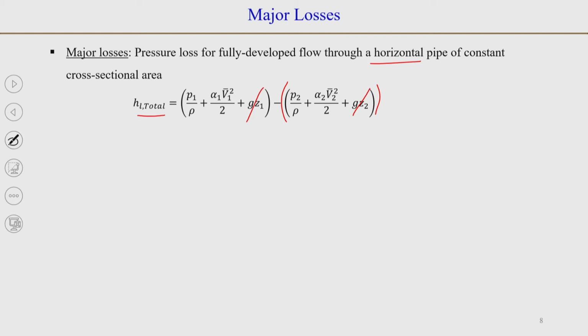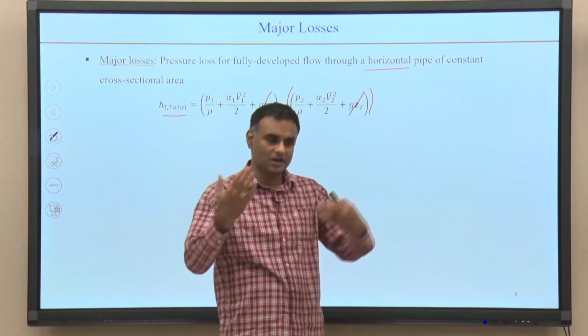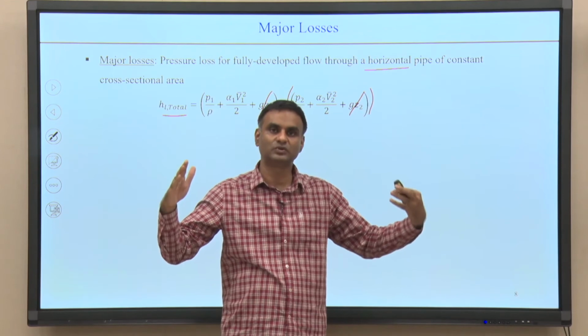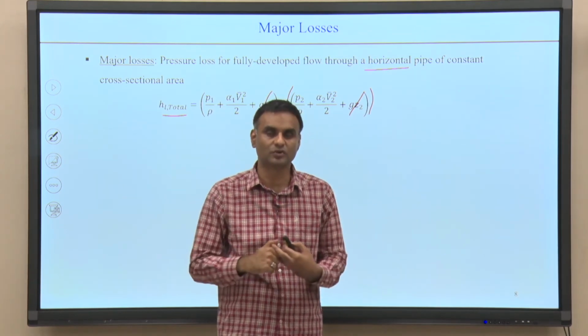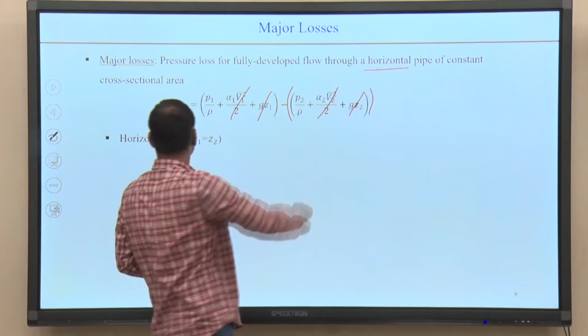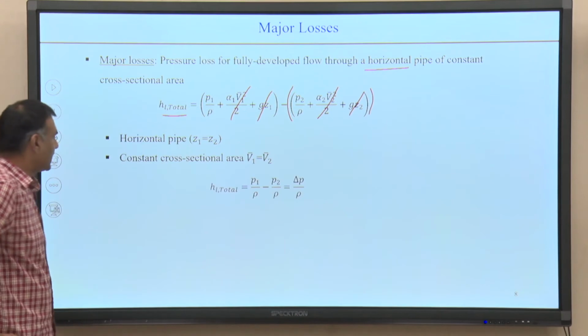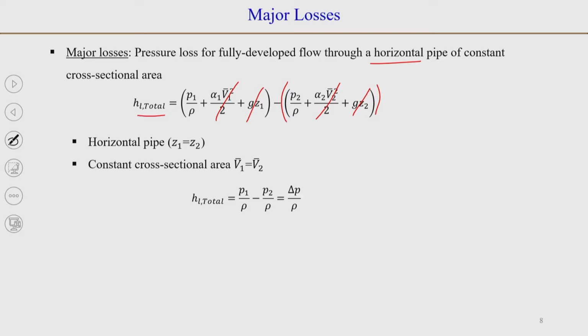When you say that the pipe is of constant cross sectional area, the area everywhere, including at sections 1 and 2, is equal. So, you will have A1 V1 equal to A2 V2, and these will also cancel out. So, you will have H_L total equal to (P1 minus P2)/rho.